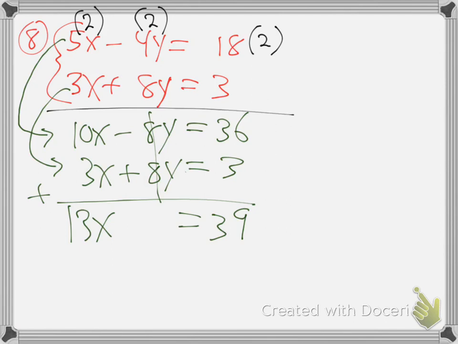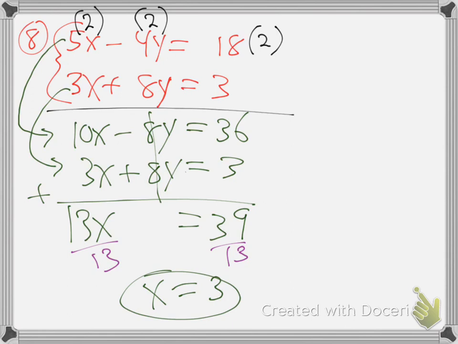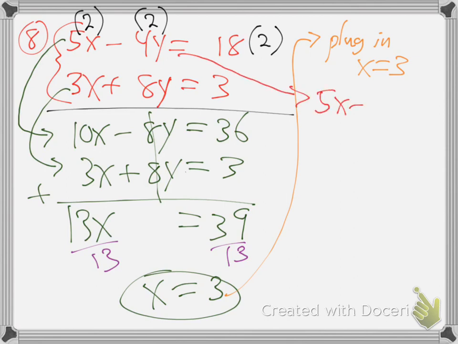Last step to get x alone. Divide by 13. And x is 3. So we got x. Now we come on up and plug in for y. Plug in x equals 3. Where? Anywhere you want. Doesn't really matter at all. It'll work everywhere. So I'll bring this one over, the first one. I usually just grab the first one. 5x minus 4y is 18.